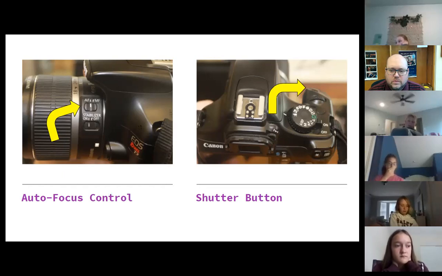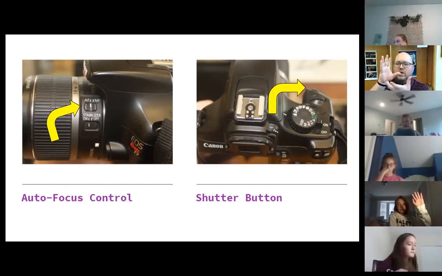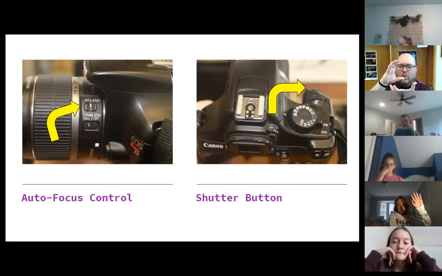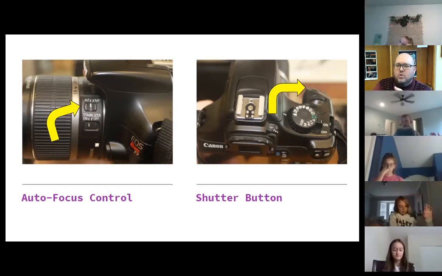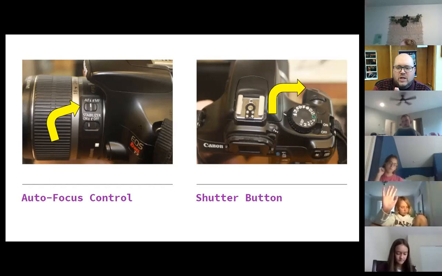When you're taking a still picture. I'm sorry, I couldn't hear you. Taking a still picture. No, not when we're taking a still picture. If we're taking a still picture, we only need to focus it once, and we want to have complete control so that we have as much control of our final product as possible. So if we're in a still photo, we want to be using manual focus, okay?